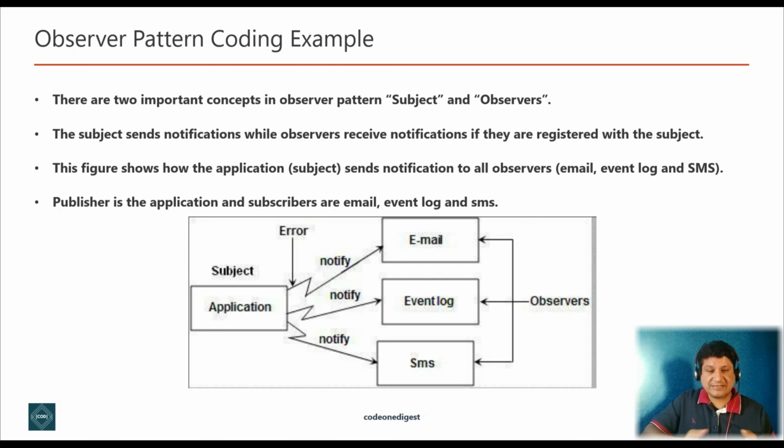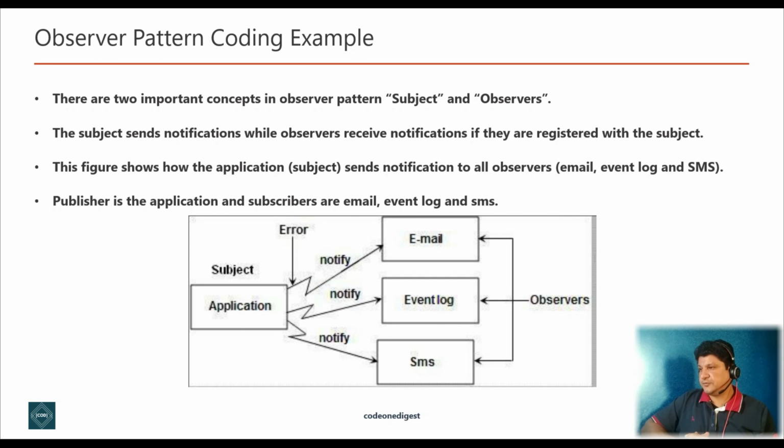Now let me show you the example that I'm going to implement for observer design pattern. So there are two important concepts in observer pattern. One is subject and one is observer. The subject sends notification while the observer receives the notification if they are registered with that subject. This figure shows how the application, that is the subject, sends notification to all observers, maybe via email, SMS, or event logs.